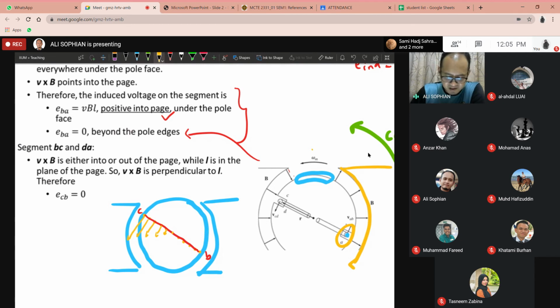On the other side, it's going like this. Why? Because remember the velocity is the angular velocity times r, where r is the distance between the center point to the respective points. Because the distance is getting larger and larger, the velocity is getting larger as you move away from the center.